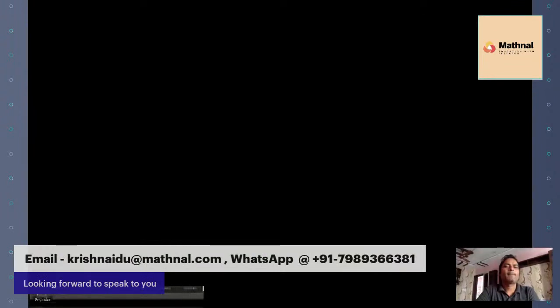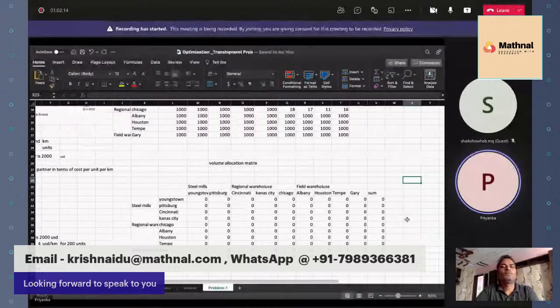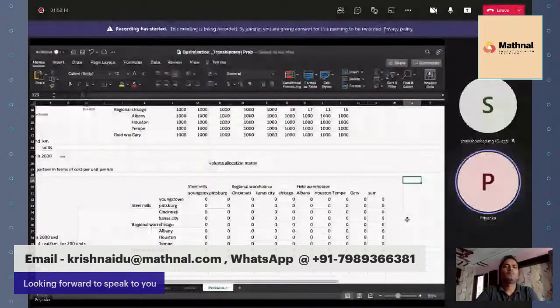Yeah, now this is the sum of the row and the column. What's the supply volume from Youngstown? How much? 10,000.